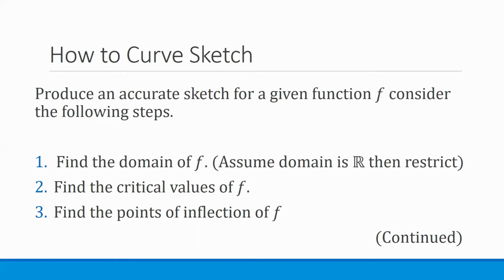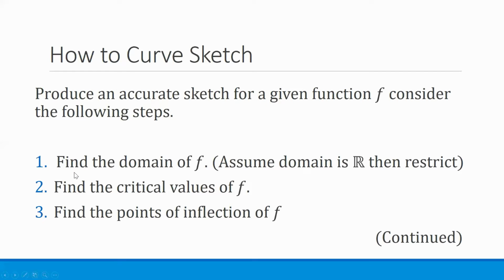The book and I go into how to curve sketch. In order to curve sketch, we want to do this in a stepwise process. To produce an accurate sketch for a given function f, we consider the following steps.